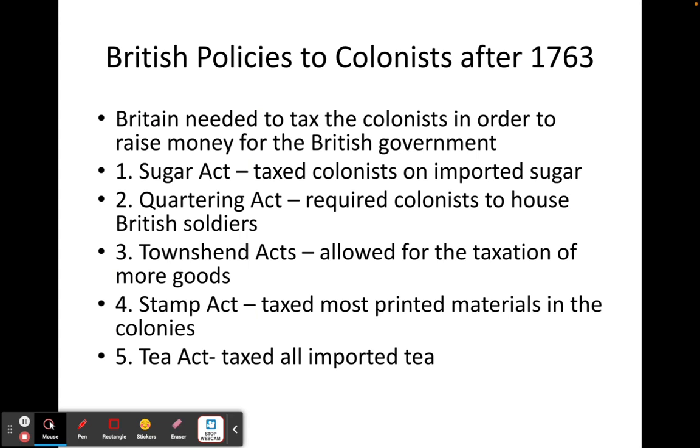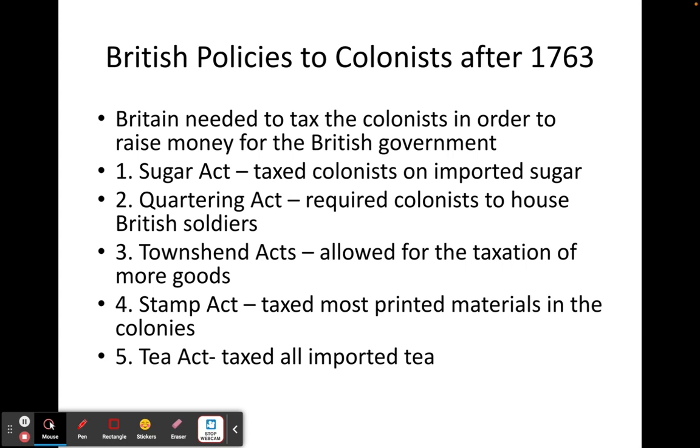Now, after 1763, the British begin to tax the colonists very highly in order to raise money. The first tax is a small one, the Sugar Act. They tax colonists on imported sugar coming from the Caribbean. In order to protect the colonies after the French and Indian War, many soldiers remained in the new 13 colonies.